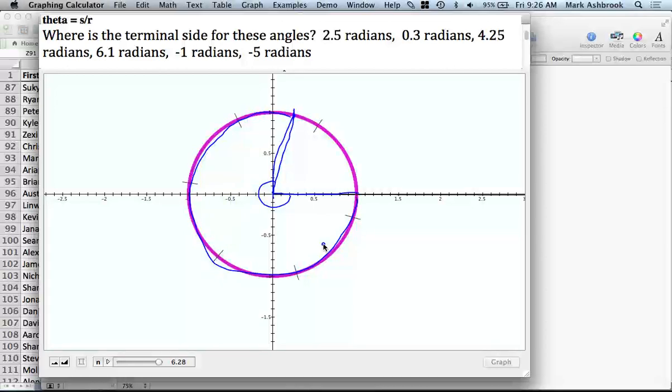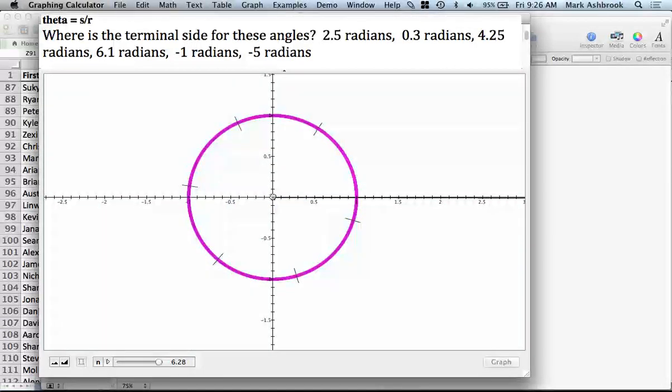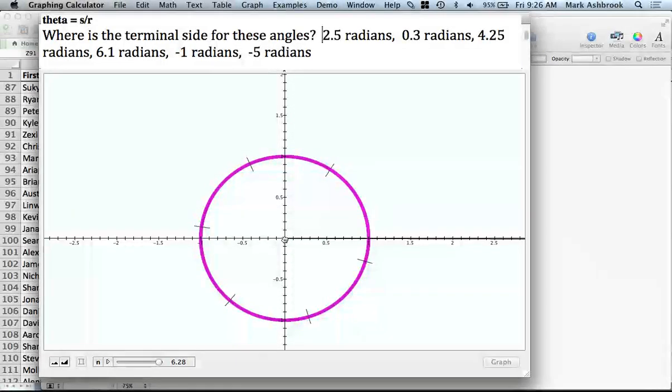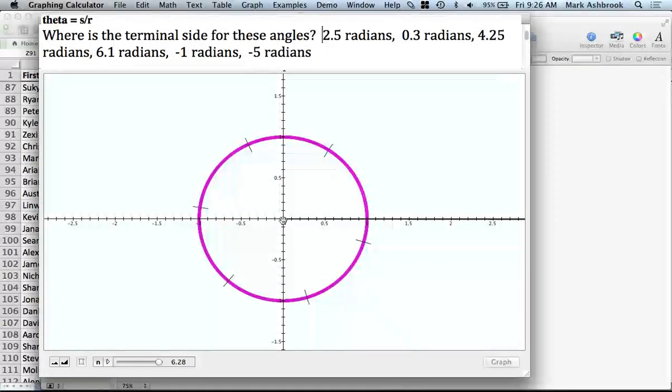Okay, but these whole numbers of radius lengths are not advantageous. What's the disadvantage to these whole number of radius lengths? What do you see?